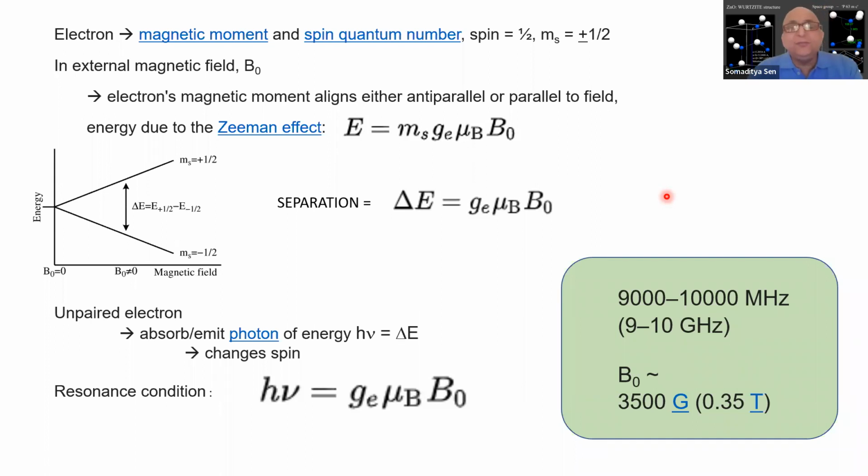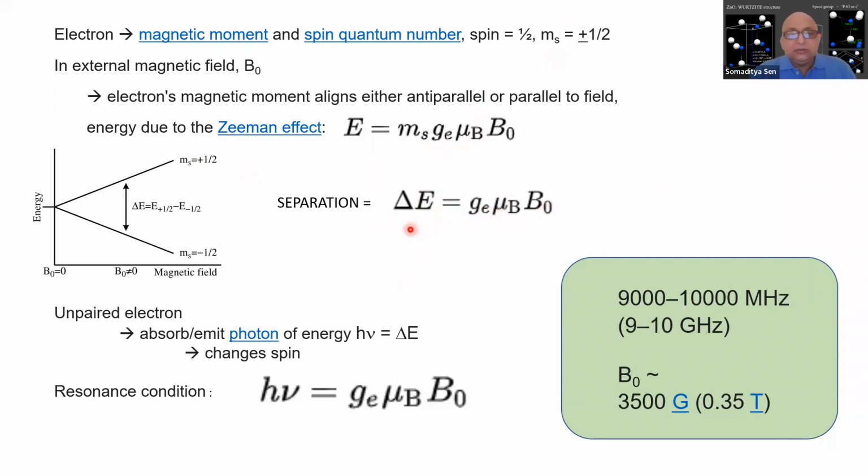Now, in an external magnetic field B0, there is a Zeeman splitting, and the energy of the states becomes ms g μB B0, where g is the Landé g factor, μB is the Bohr magneton. So this energy depends on the field B0, right? The two states are separated by a value of g μB B0.